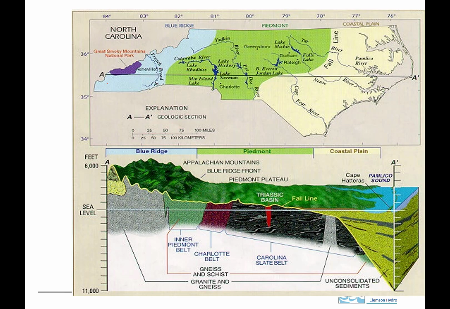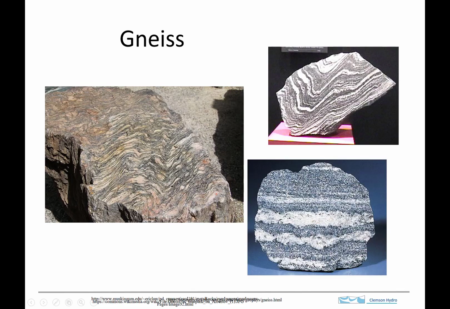On the right side is the coastal plain, and in cross section, we see the Piedmont region here, and it consists of the inner Piedmont belt, and we can see the Carolina region here that we saw on the previous slide, and we have the Charlotte belt here, which is another fragment that is sutured onto the craton. Okay, so that's the big picture.